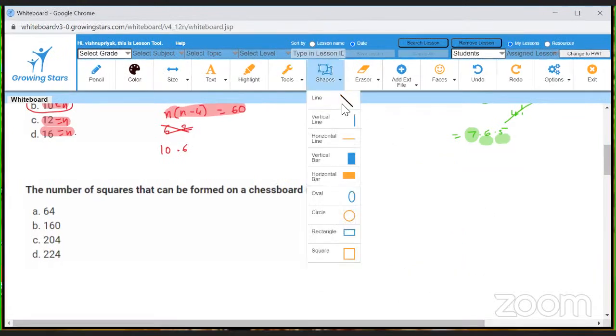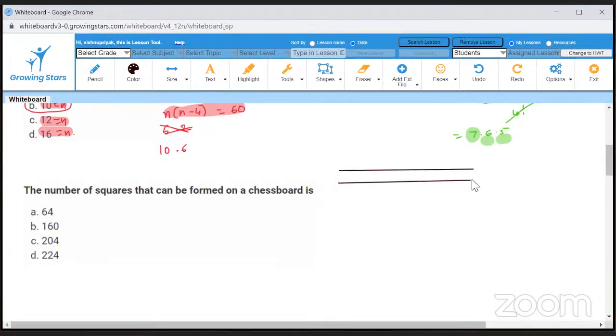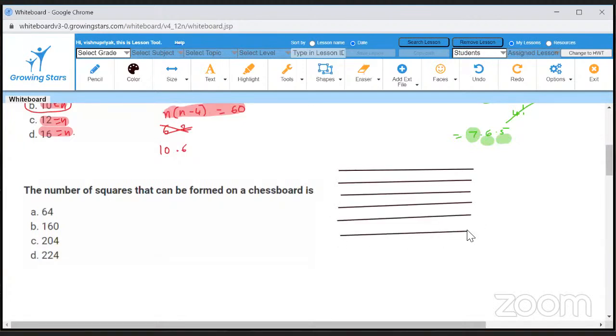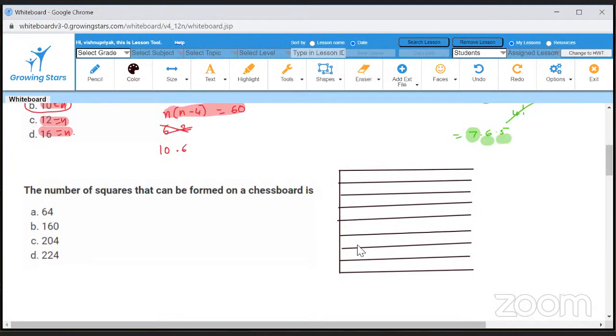I'm erasing. Okay. 1, 2, 3, 4, 5, 6, 7, 8. 1, 2, 3, 4, 5, 6, 7, 8.